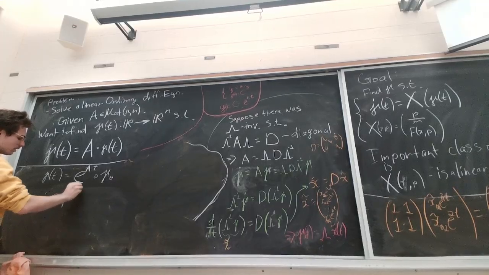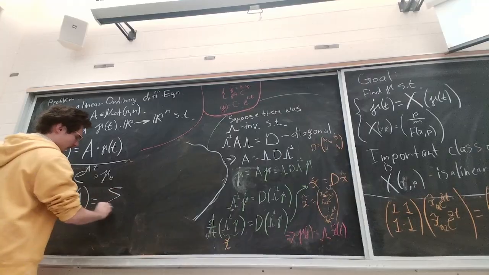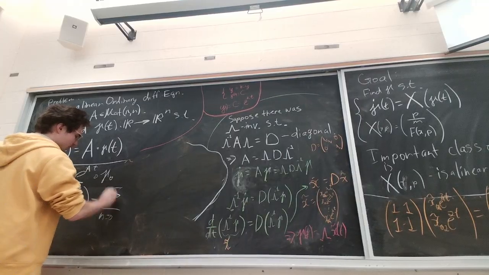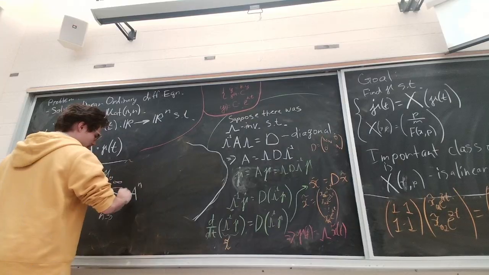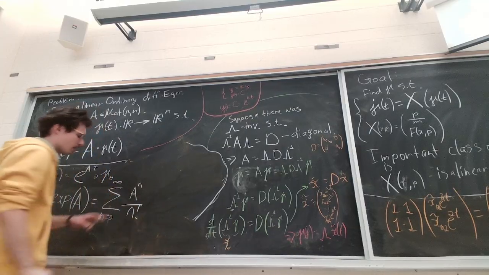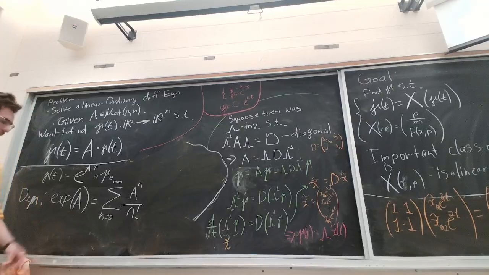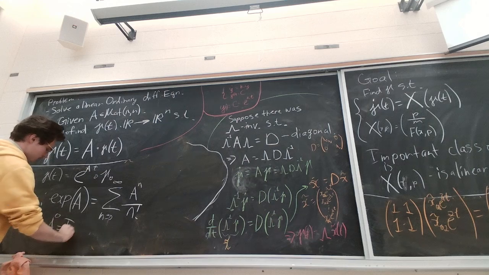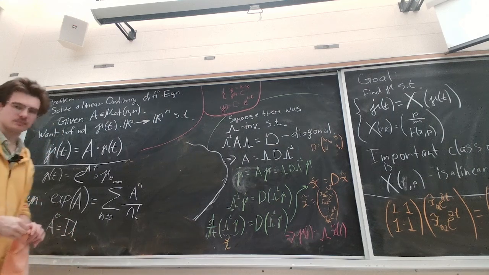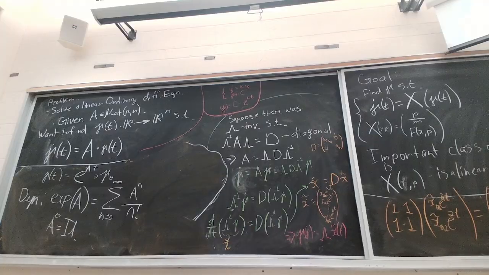The exponential of some matrix A is equal to the infinite sum from n equals 0 to infinity of A to the n divided by n factorial, where A to the n means composing the matrix with itself n times, and A to the 0 is the identity. So this is some infinite sum of my matrix.